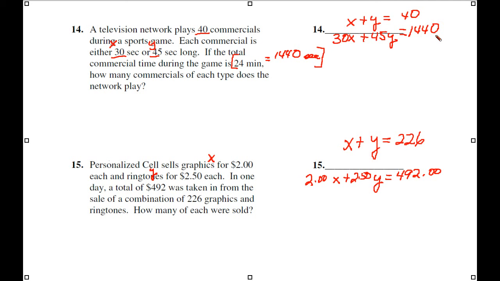I would suggest substitution, solving for either X or Y. For number 15, we have personalized cell graphics. We're going to call the graphics X, and the ringtones Y, and they sold this many of them. So X plus Y equals this. Well, the graphics are $2, the ringtones are $2.50, and they took in this amount.